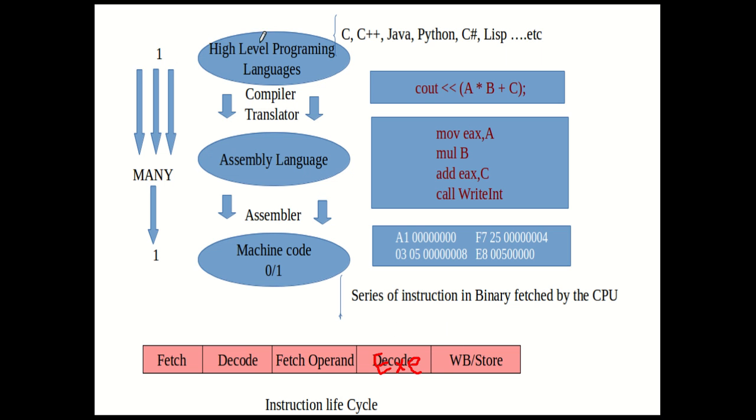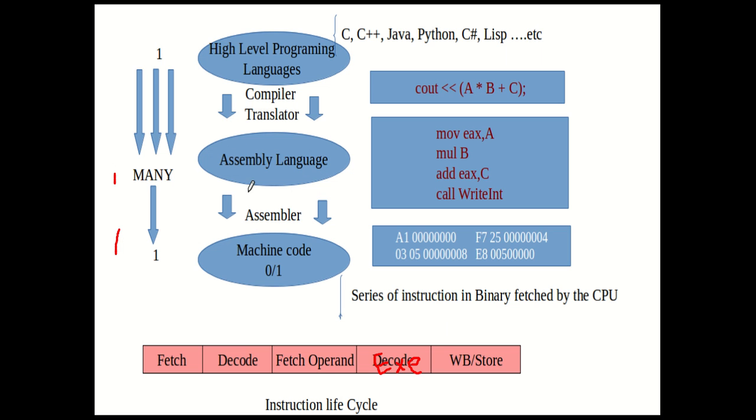Now the relation between high level languages and assembly: one instruction in a high level language is translated to one or more instructions in assembly. And the relation between assembly and machine language is 1 to 1, meaning one assembly instruction is translated to one machine instruction.